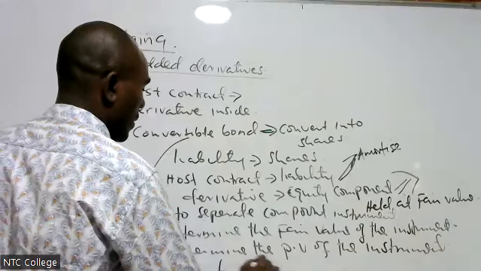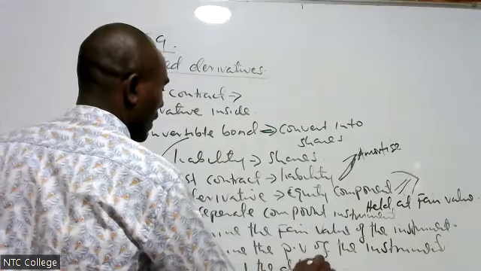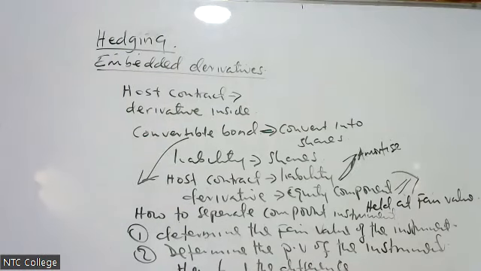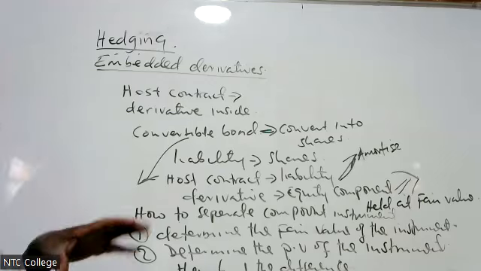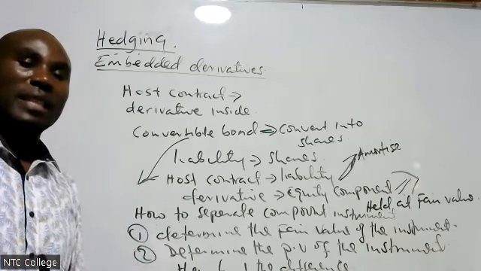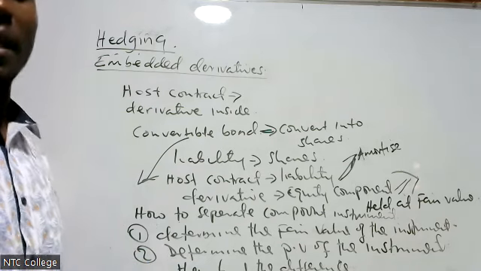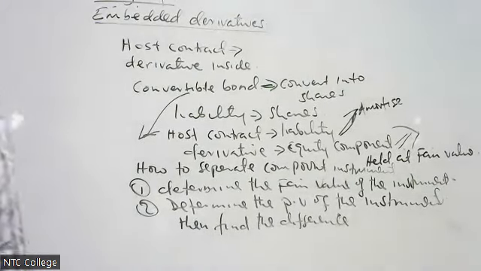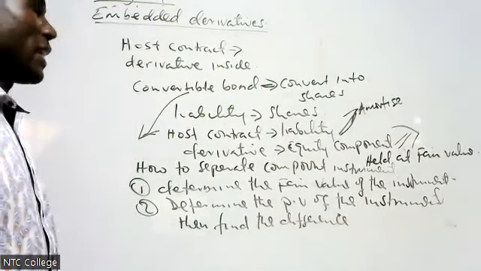Therefore, the difference between the fair value and the present value of this instrument is what we are going to call the equity component that is embedded in the instrument. That is what we are saying.